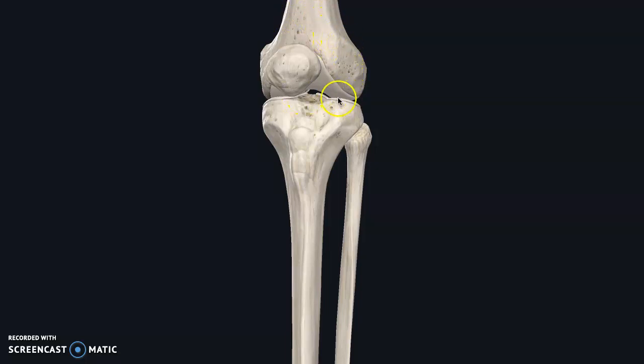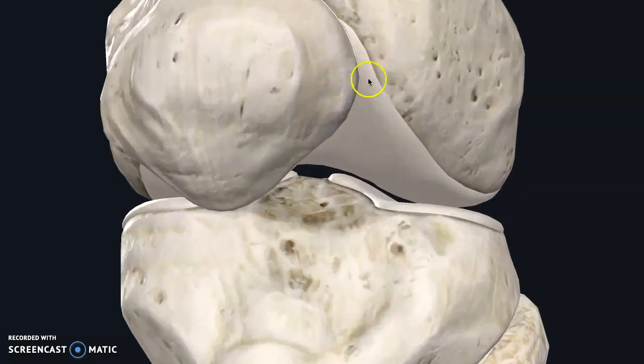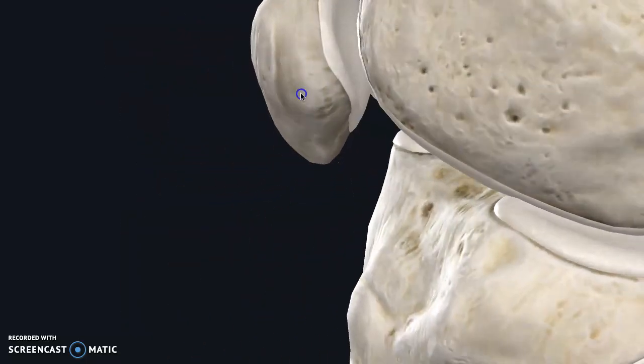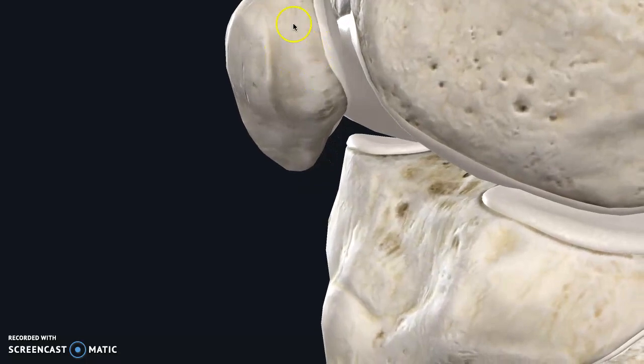For the knee joint by name, remember we put the letter O in between two medical terms. So this is the tibia and this is the femur, and when we put the letter O in between, the name becomes the tibiofemoral joint.